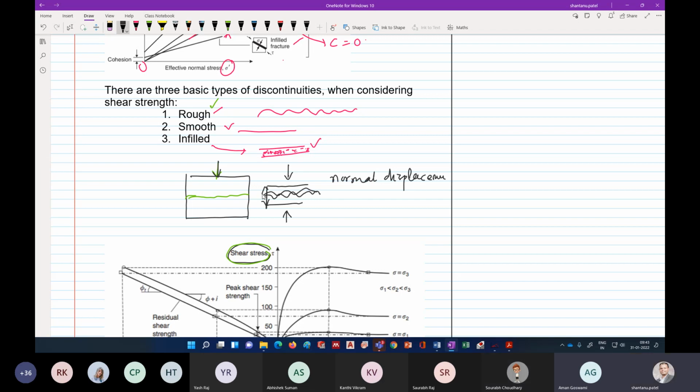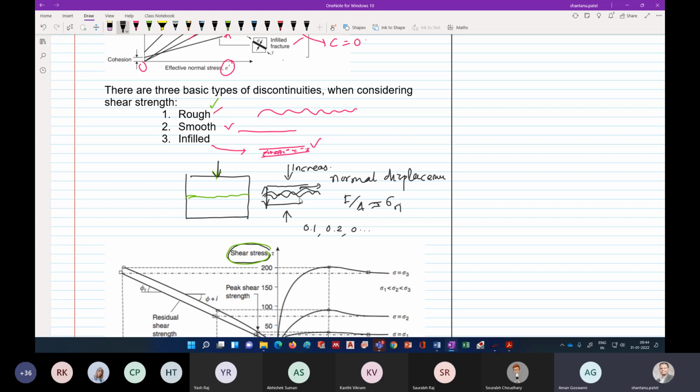When you increase this force, this force divided by that area is your normal stress. That is what I have already discussed. When we shear this, let's say we started from 0.1 MPa, 0.2, 0.3, like that, there is a relative displacement, a small amount.